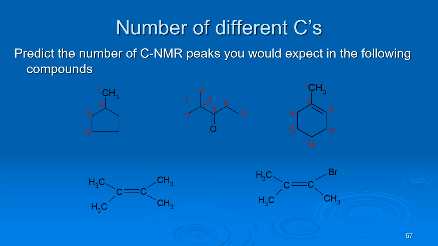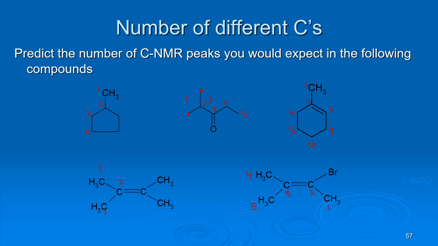How about this one down here on the left? These 4 are all identical, so that would be 1 kind, and then these 2 are identical, so you should only get 2 peaks in this one. This one is going to have more because of the bromine, so this one will be different, that one will be different, this will be different because it's got 2 of those groups here, and then believe it or not, these are going to be different.